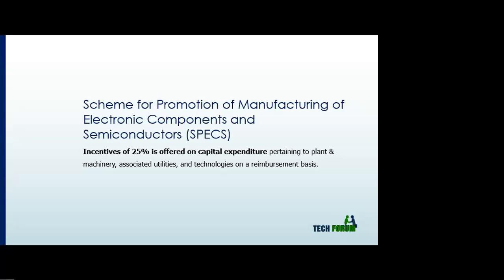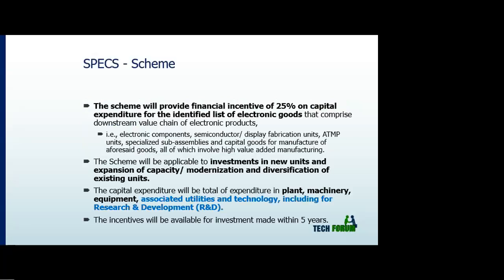Now, how much flexibility should we expect? It's almost flexible. Now, let us see the scheme details. The scheme is, as I told, 25% on capital expenditure: investment in new units and expansion of capacity. It's very interesting, expansion of capacity. So your figures should talk about that.